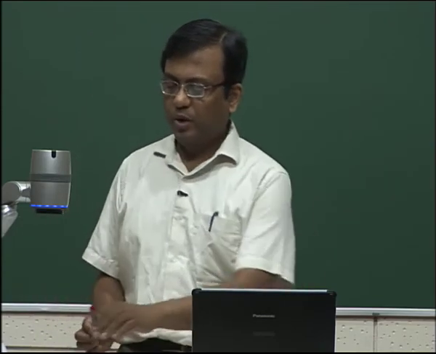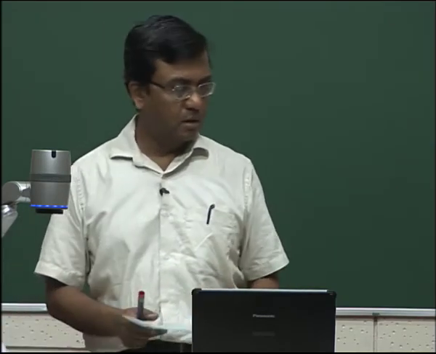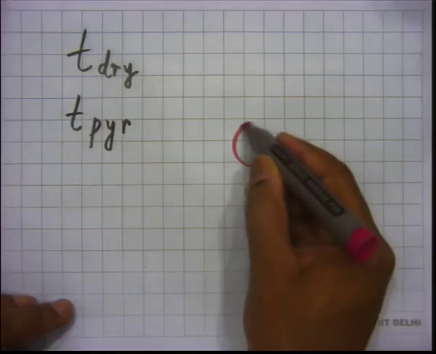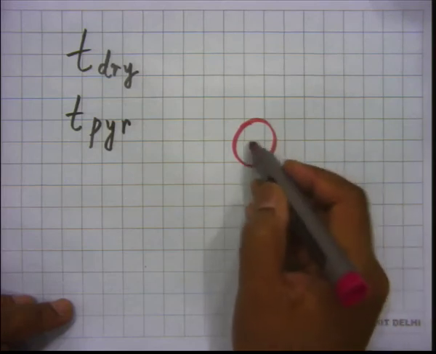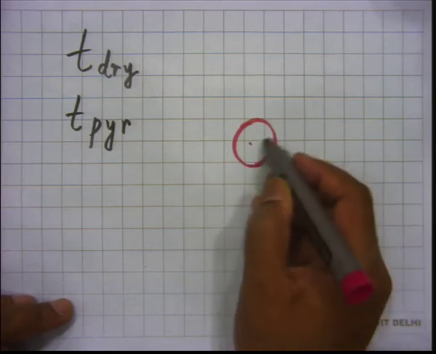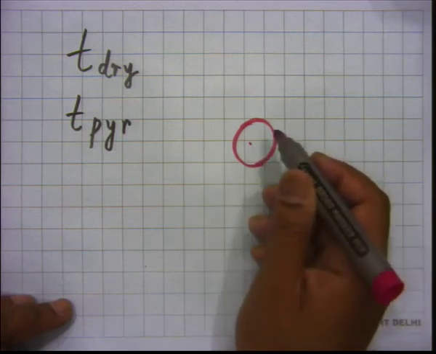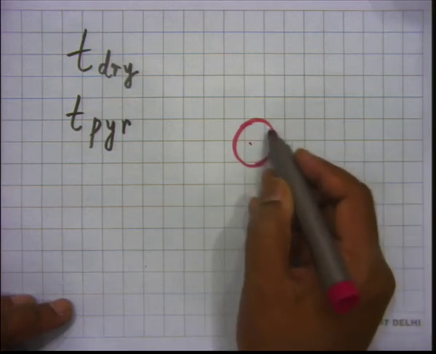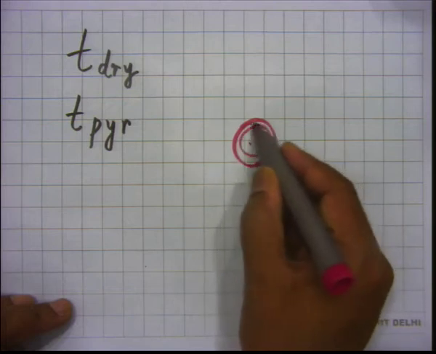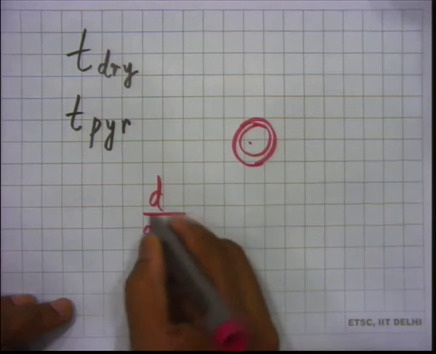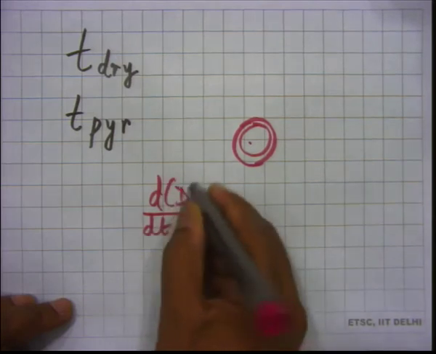When we were talking about liquid droplets, there was a good thing. We could say that this is a droplet, and it is spherical, so that's not a bad approximation. It's spherical, and then it keeps becoming smaller. We calculated d/dt of diameter.